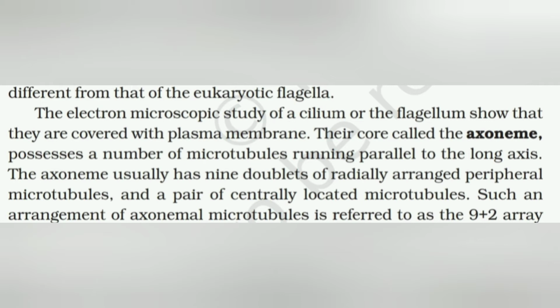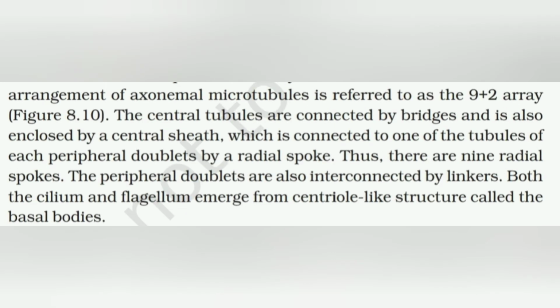Their core is the axoneme, which possesses a number of microtubules running parallel to the longitudinal axis. The axoneme usually has 9 doublets, meaning 9 pairs of radially arranged peripheral microtubules and a pair of centrally located microtubules. Such an arrangement of axonemal microtubules is referred to as a 9+2 array.